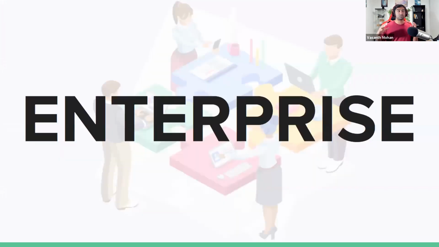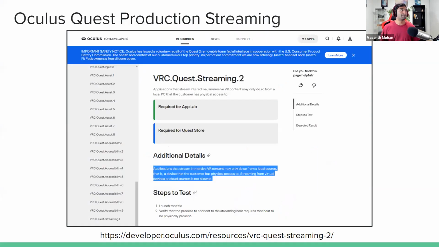But the current state of things is that it's primarily targeted at the enterprise. So right now today it's all about the B2B cases, and you're not really seeing that much push from a consumer standpoint, which has to do with a lot of factors. One of the big things that gets talked about is that it's blocked from an accessibility standpoint by requirements that Oculus has when pushing out applications.